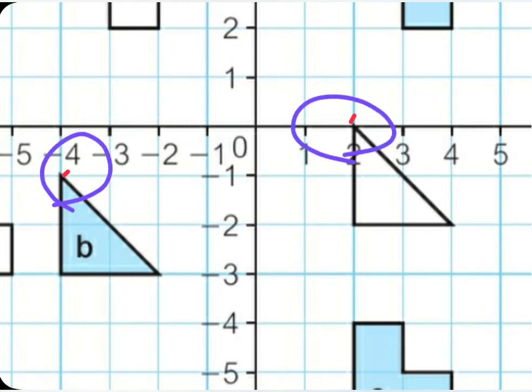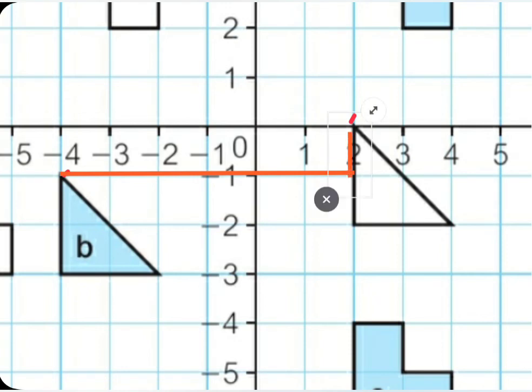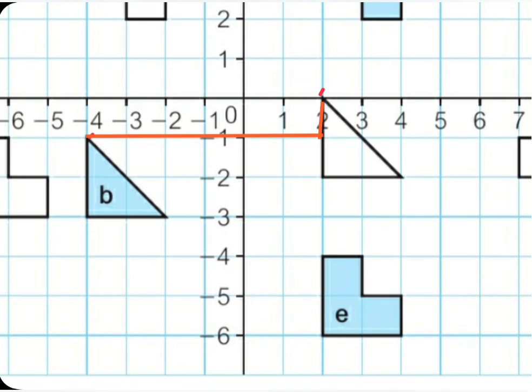Nothing else. Now, to describe what happened to this point, you can use a line, draw it, for example, from here till here. And then it went from here to here. Now, to describe this line, first we describe what happened horizontally.